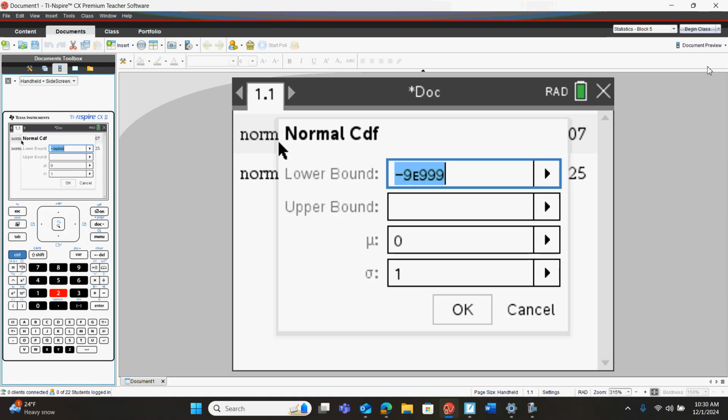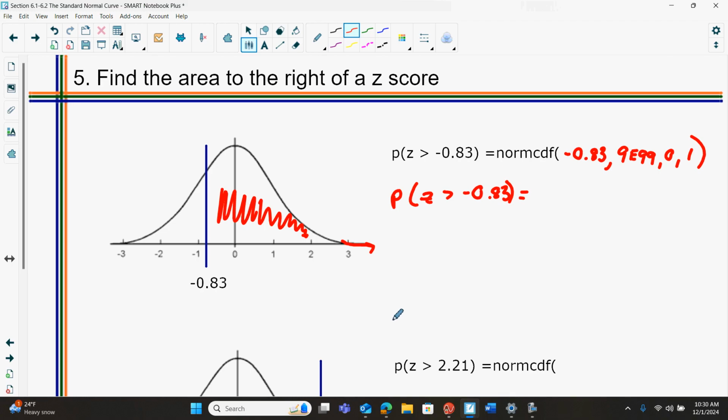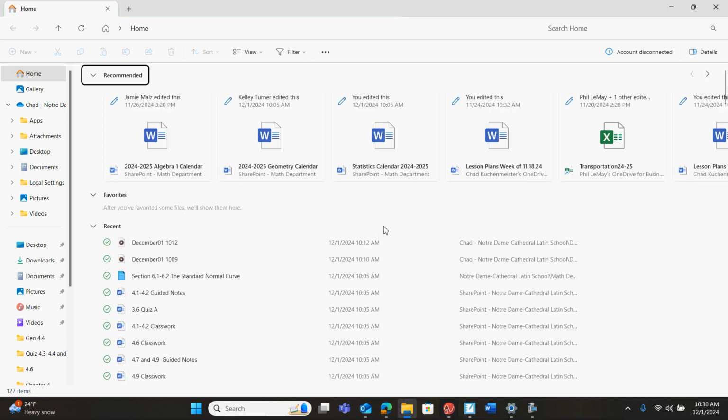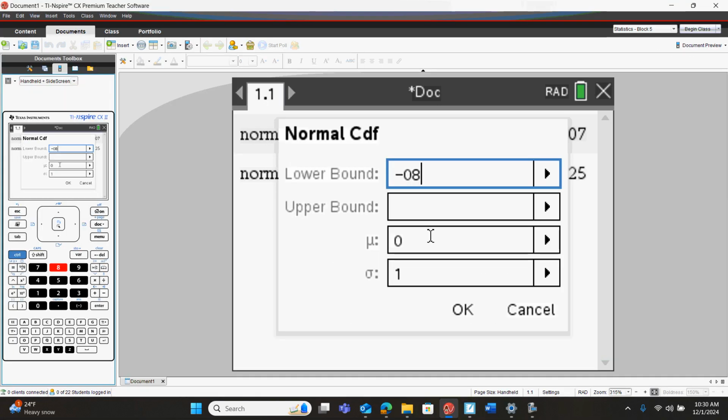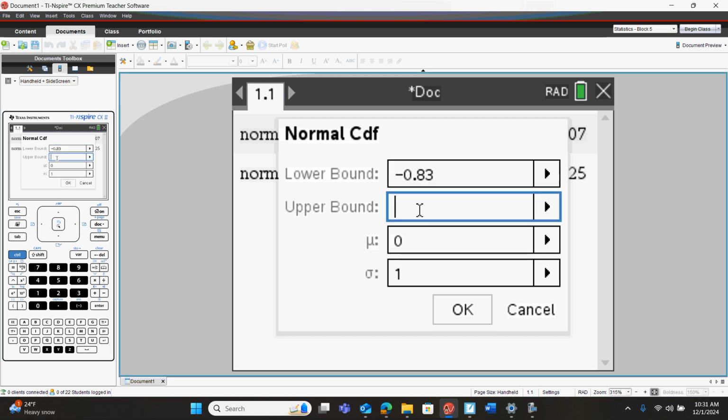Anyway, so we'll go menu 552. Now our lower bound is negative 0.83. Our upper bound is going to be 9E999.